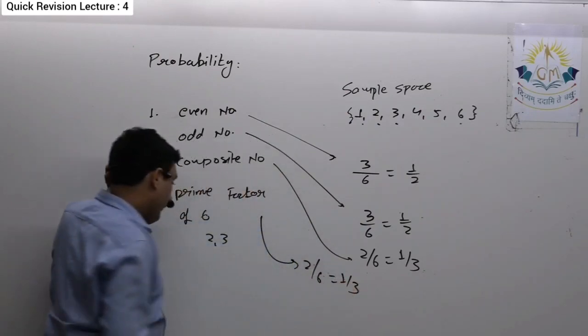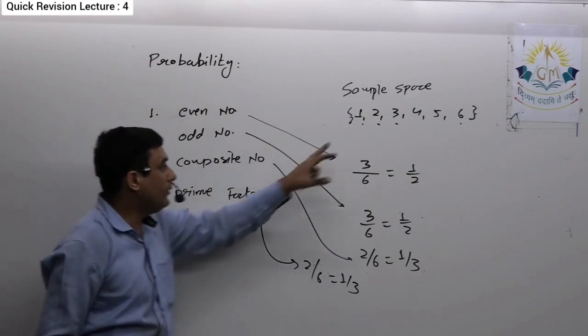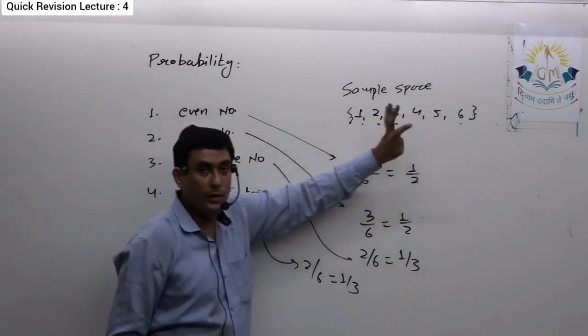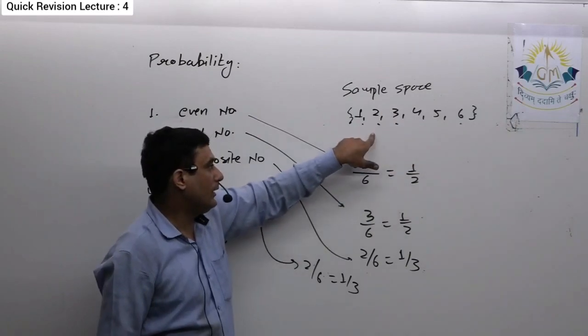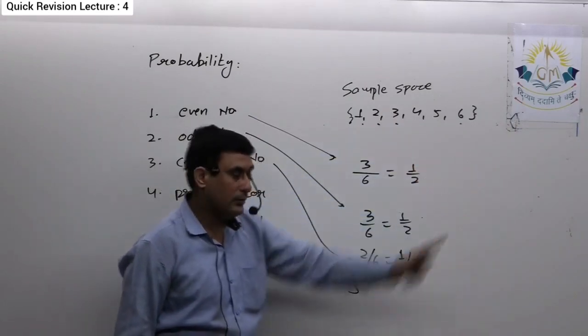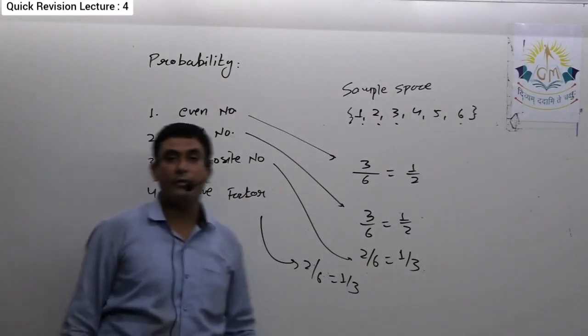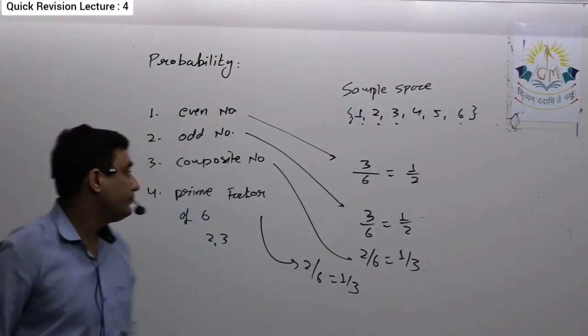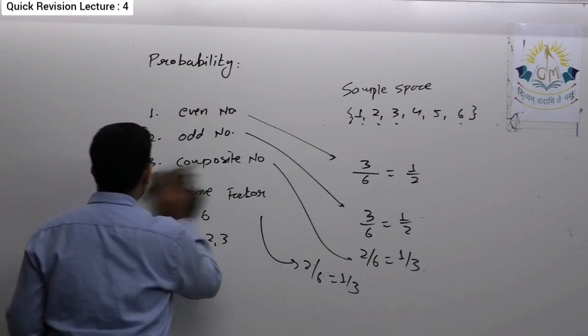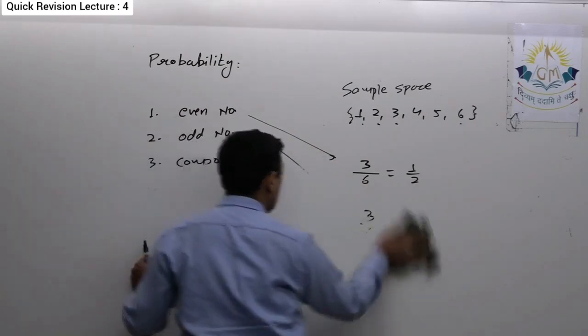If I say factors of 6, then the probability will be 4 by 6, because 1 is also a factor and 6 is also a factor. So be alert: factors of 6 is a different thing, prime factors of 6 is a different thing. This is one of the examples. Now let us see one more example.